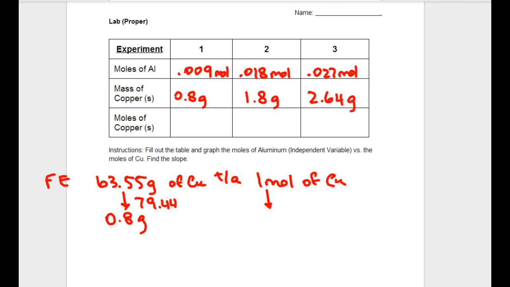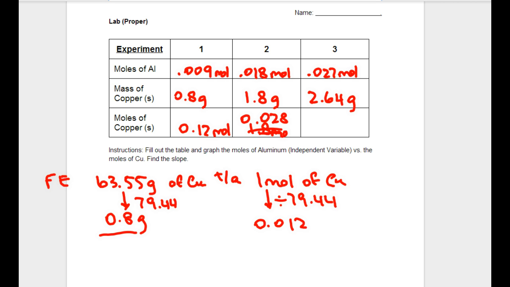If we do 1 divided by 79.44, likewise, we would find that the moles is 0.012. And you would go through experiment 2, and instead of putting 0.8 grams here, you would put 1.8 grams and find the conversion factor, and do that likewise. So the answers for the moles of copper are 0.012, 0.028 and 0.041.